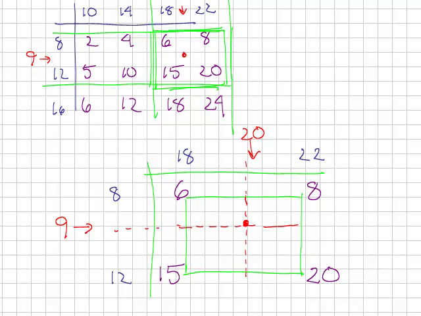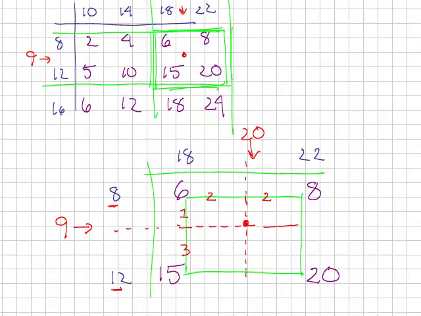Partition off the square and calculate the size of the square. The square is 8 on the top, 12 on the bottom, 9 at the dashed line. That means this distance is 1, this distance is 3. 8 to 9 is 1, 9 to 12 is 3. Across the top, it's 18 to 20, that's 2. 20 to 22 is 2.